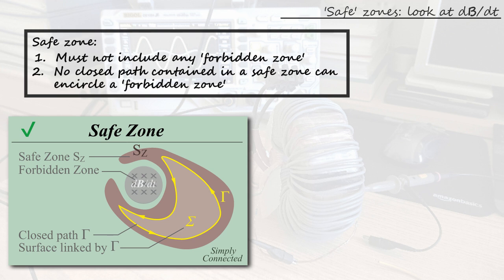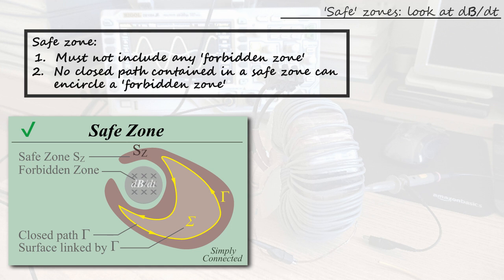Being inside a safe zone brings massive simplification in the analysis of electric and electronic circuits, because a safe zone is a region of space where the electric field happens to be conservative even when there are time-changing magnetic fields nearby. The most relevant consequence of this local conservativeness is that voltage inside these zones does not depend on the path of integration.